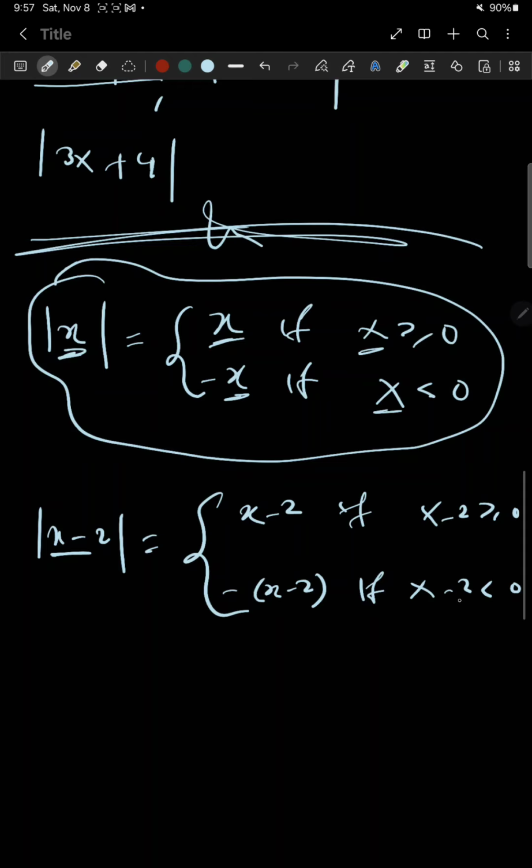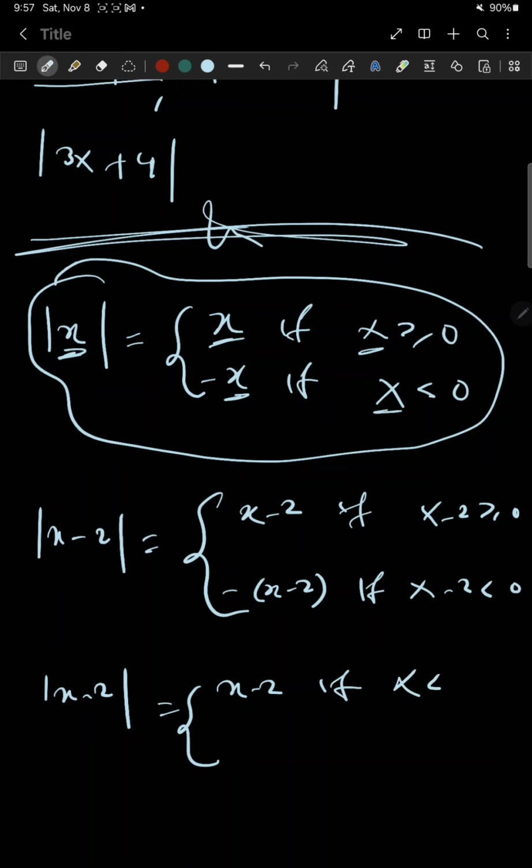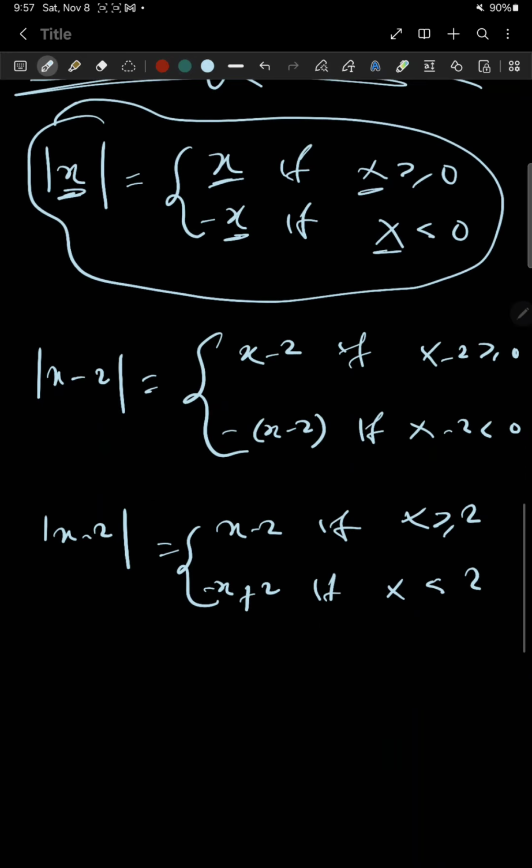Then you can solve for what is there. So this will be x minus 2 if x is greater than or equal to 2. Then multiply the negative inside: negative x plus 2 if x is less than 2. So you've simplified this.